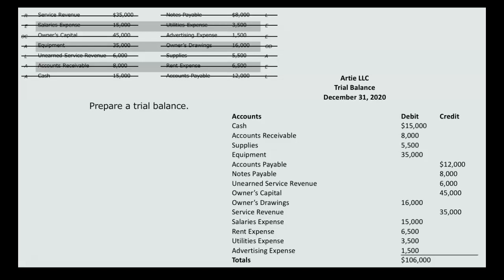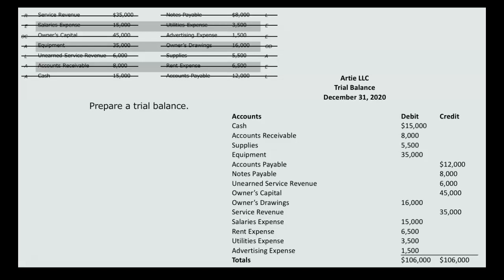Now, if you're preparing a trial balance and you see that your debits add up to 106, you have to be hoping that your credits add up to 106 as well, right? Because we want our debits and credits to equal. So we then add up all of our credit balances, and we see that those also equal 106.